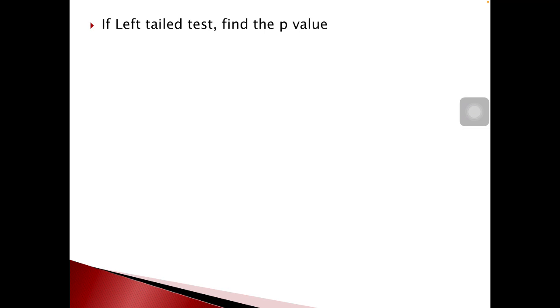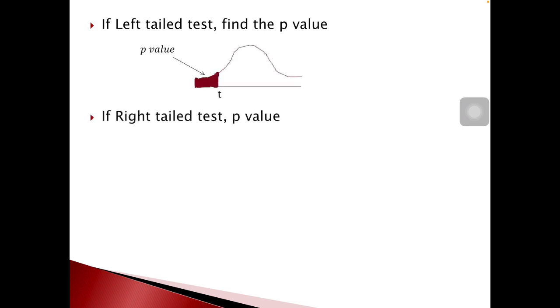Same here, we have a left tail test with the p-value. Left tail test means here the p-value is within the rejection region, so less than T. For a right tail test, our p-value is greater than T on the right hand side.